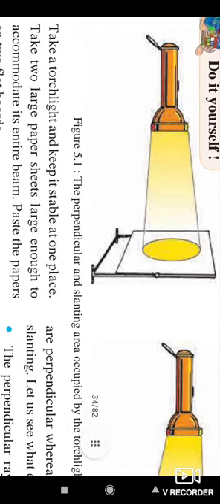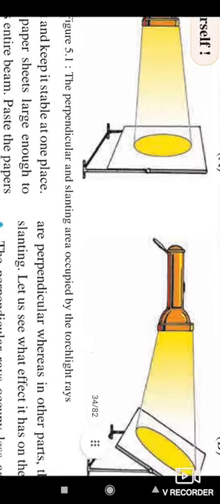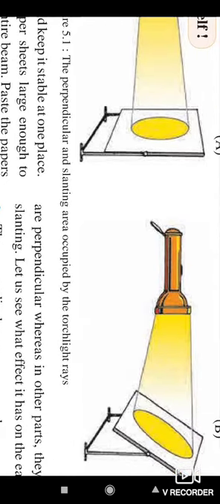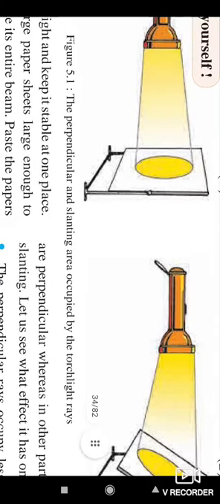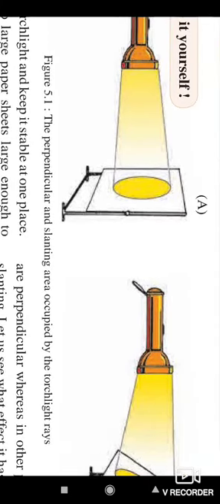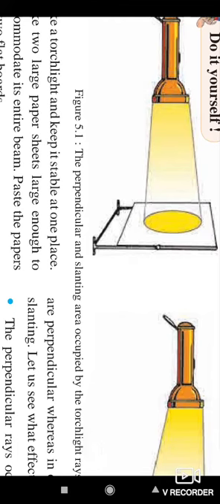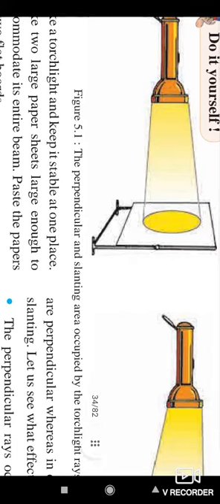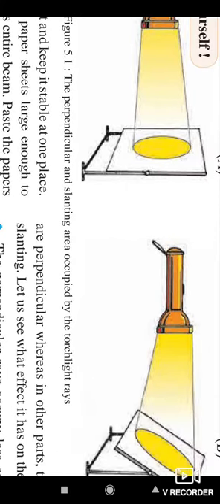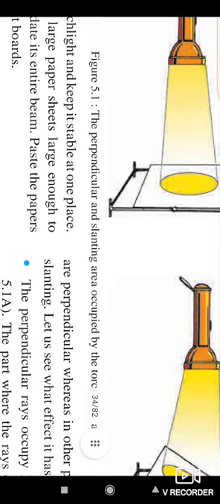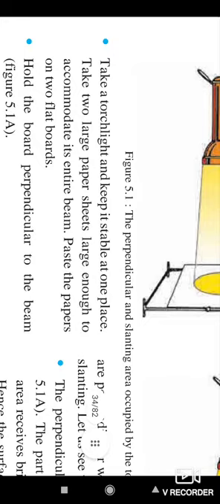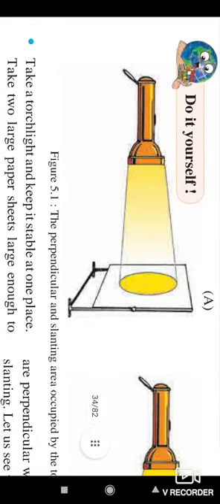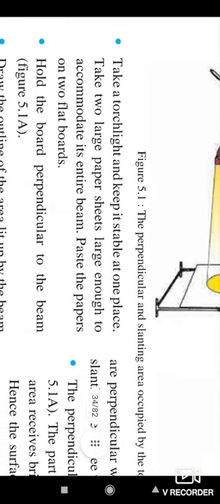So here in figure 5.1, the perpendicular and slanting areas occupied by the torchlight rays, and we must understand the difference between the perpendicular light and a slanting area. The light occupies more area than that of a perpendicular. So here we have this activity, do it by yourself.